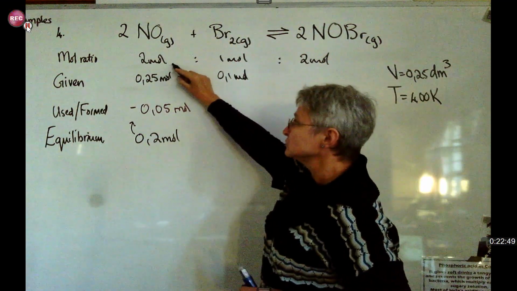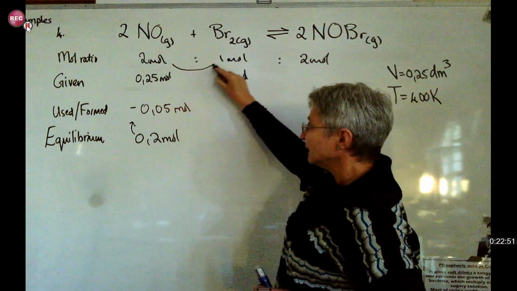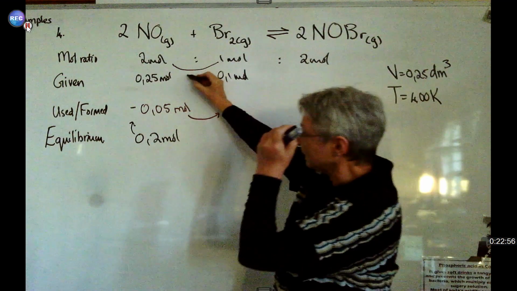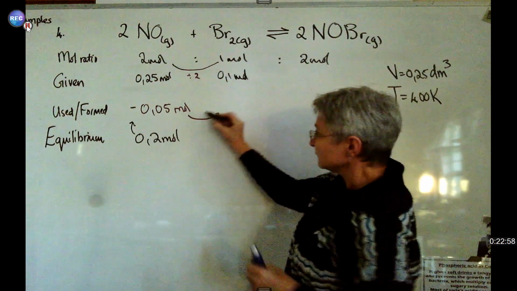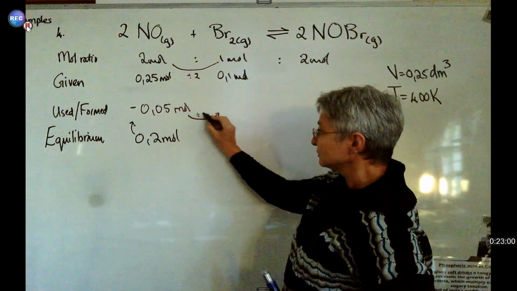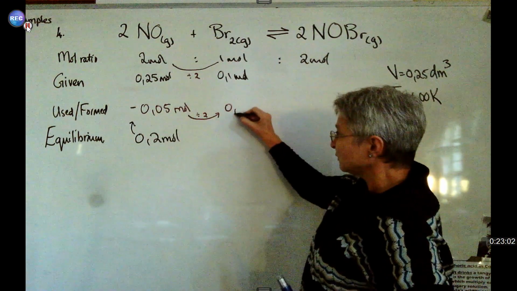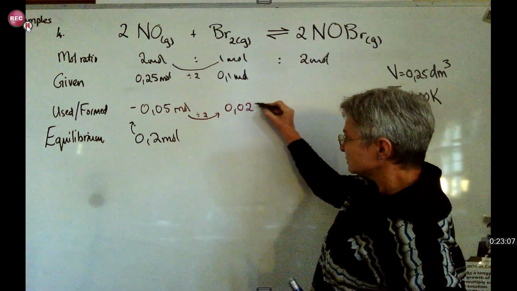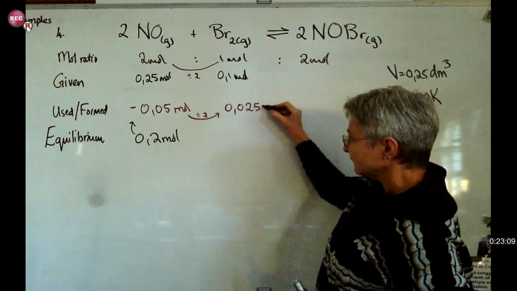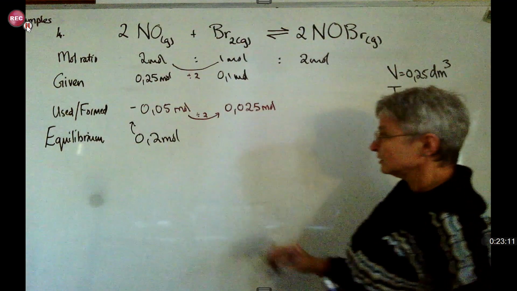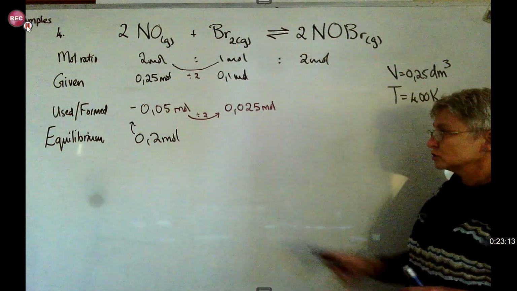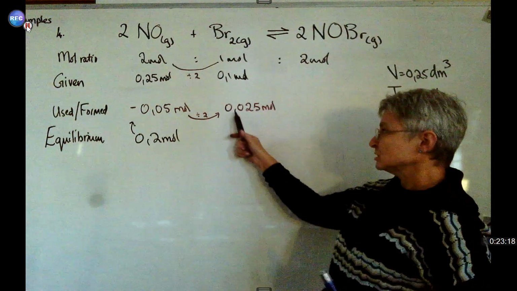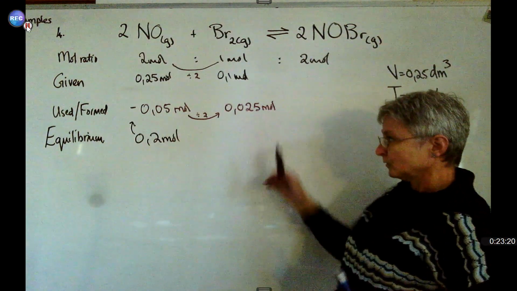Here, to do that calculation, I need this ratio. What must I do? Divide by 2. So if I divide that by 2, I'll get 0.025. Just check your zeros, because 2 goes into 5 2 times. So 0.025. Are you alright with that?